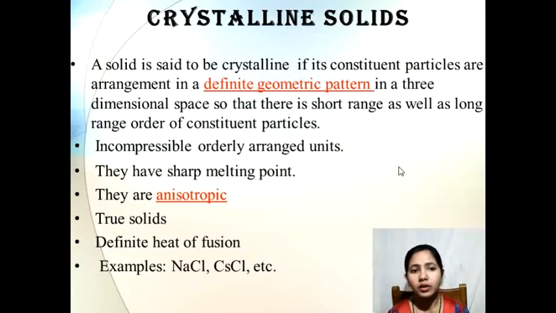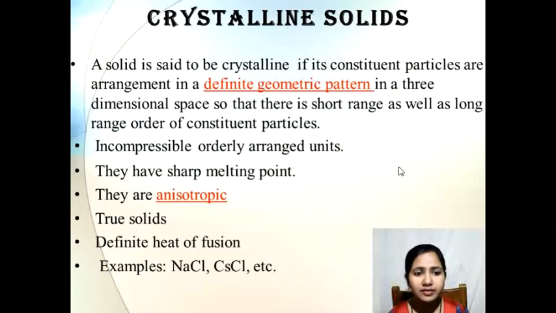Okay, now here it is given that a solid is said to be crystalline when the constituent particles are arranged in a definite geometric pattern. Here I have underlined this because this is the important part here, definite geometrical pattern. So there is no random arrangement of particles. The particles are arranged in a definite order. So they are called as short range as well as long range order.